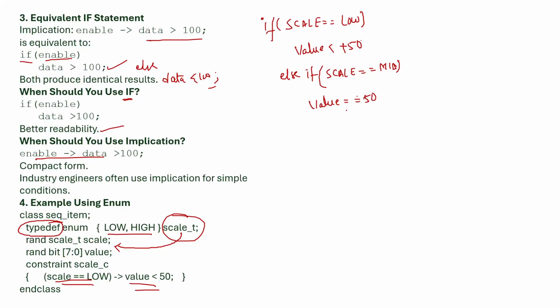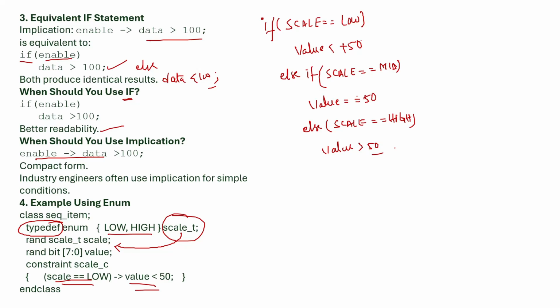Okay, I'm giving some condition, 50, and else condition, scale equal to high, the value should be greater than 50. Okay, in this way I'm giving the conditions. So these many statements I need to write. Instead of that, I'm writing a compact statement, that is the implication operator.